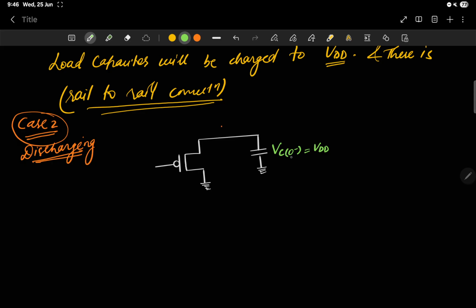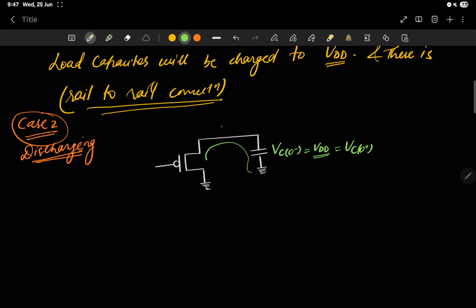So at time equals 0, you can write VC at 0 plus also. At t equals 0 the load capacitor is fully charged. Let's suppose its voltage is VDD, and now I have to discharge my capacitor through my PMOS.